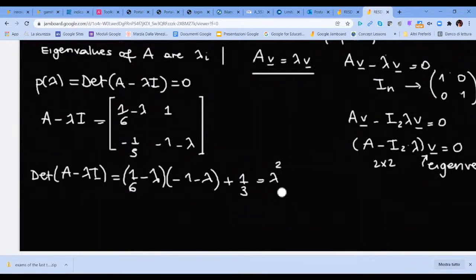Lambda square plus lambda minus 1/6 lambda, that is plus 5/6 lambda, and then we have minus 1 times 1/6, this is minus 1/6, plus 2/6, it is 1/6. Okay, this should be equal to 0.